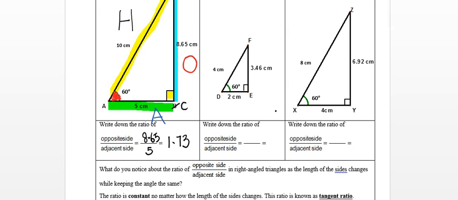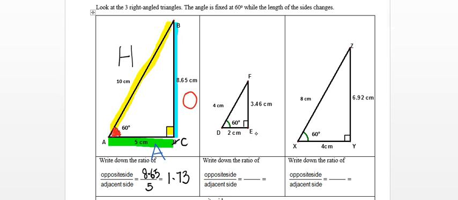Let's take a look at the next triangle, DEF. What do you think will be the value or the ratio of the opposite side over the adjacent? In triangle DEF, where DEF is the 90-degree angle, we will have the hypotenuse to be DF, and with reference to the 60-degree angle, we will have the side opposite to it, EF.